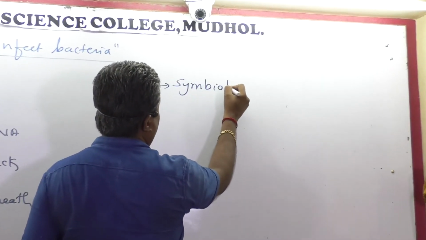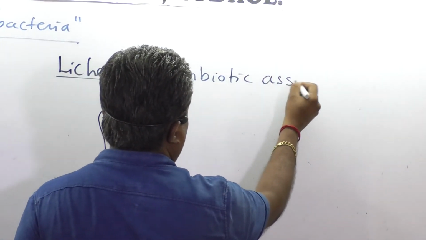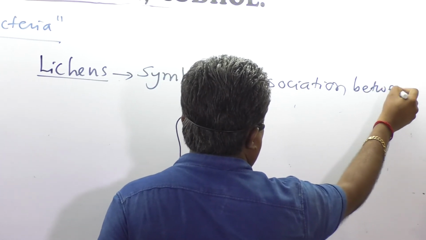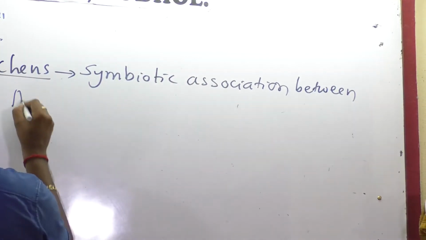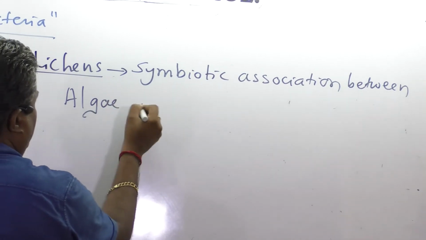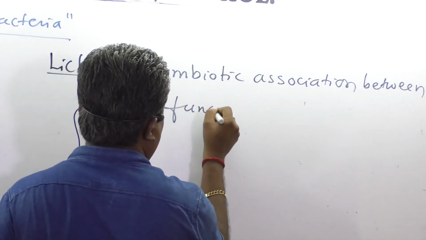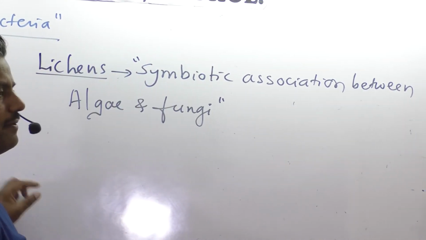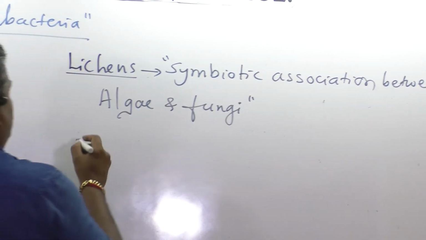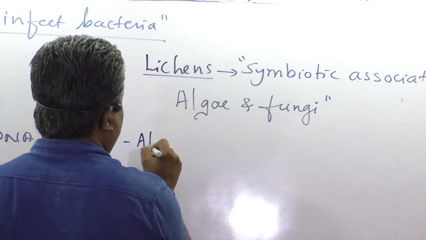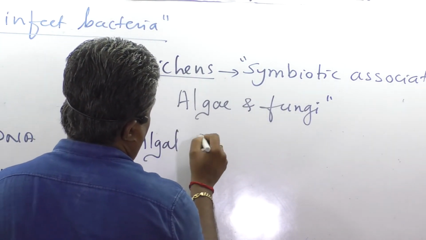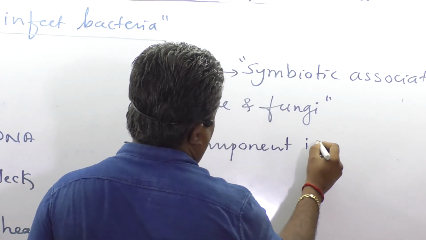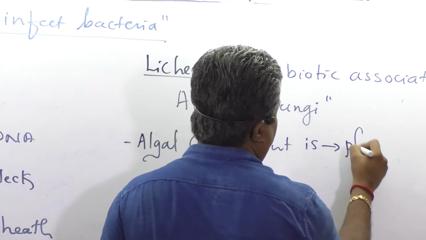Symbiotic association between algae and fungi is called as lichen. So algal component is phycobiont.